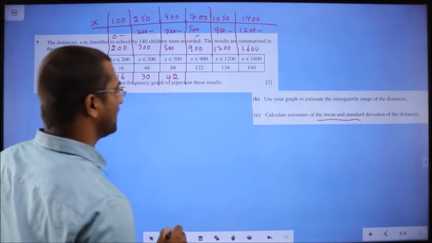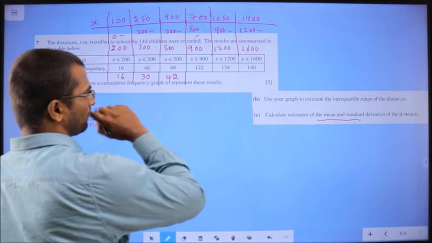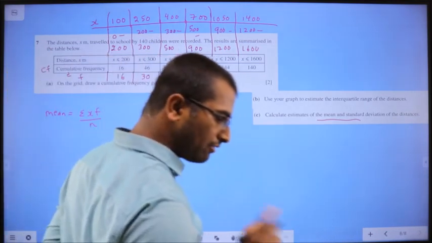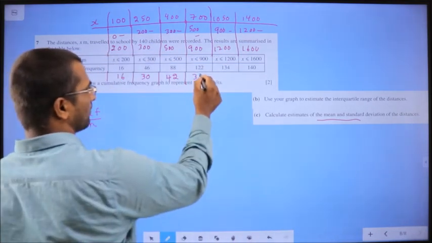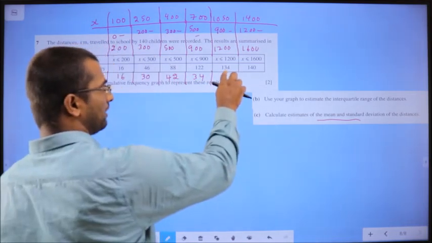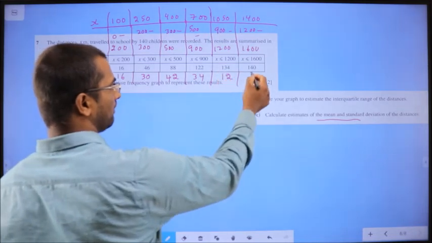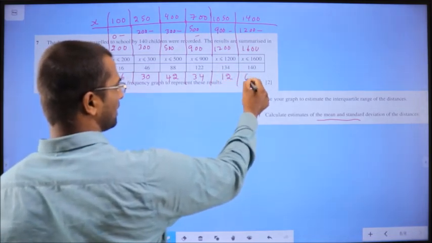Here, frequency is 122 minus 88, which will give you 34. Okay. Next, to get frequency here 134 minus 122, 12. To get frequency here 140 minus 134 is 6.